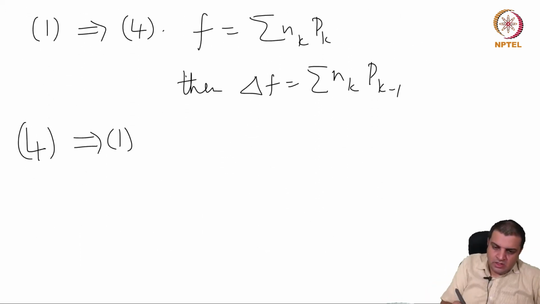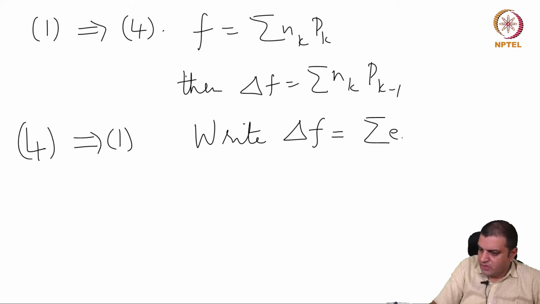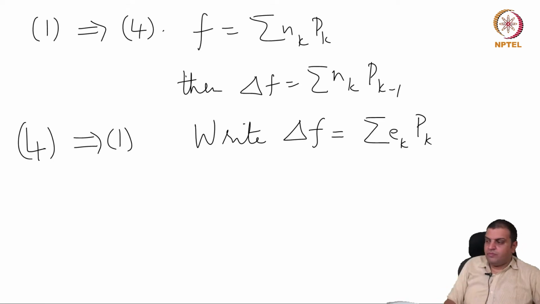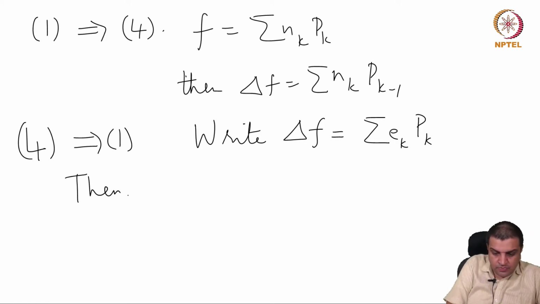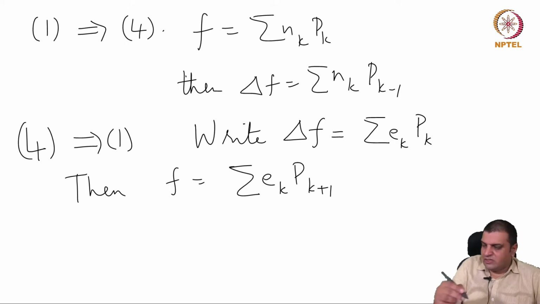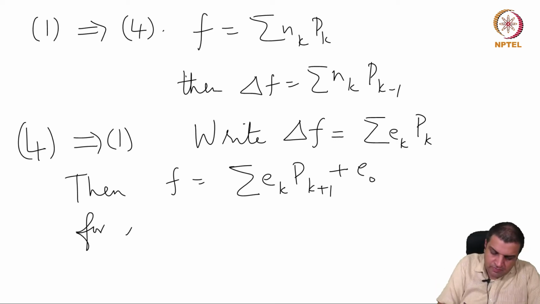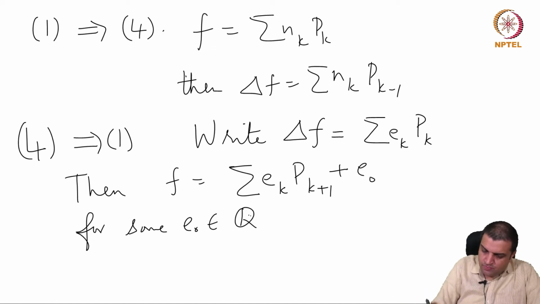Okay, so write delta f as some sum of e_k p_k, then f, we have seen this earlier, f is the sum of e_k p_(k+1), p_k goes to p_(k+1), e_k doesn't change in any way, plus some e_0 for some e_0 in Q.